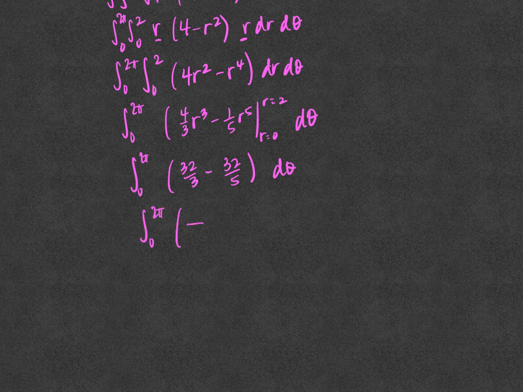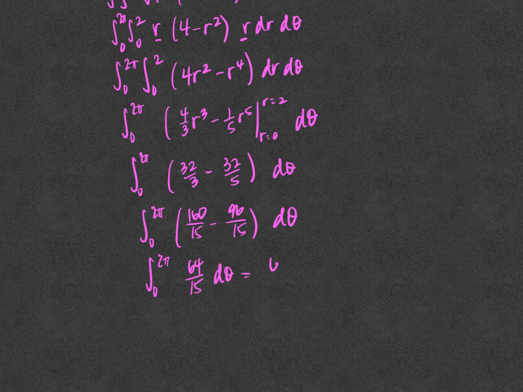But let's go ahead and get common denominators, and I'm going to do it on my screen, not in my head, because I will mess it up. If I multiply the second one by 3, I get 96. If I multiply the first one by 5, I get 160. So I have the integral from 0 to 2 pi, and 160 minus 96 is 64 over 15 d theta.